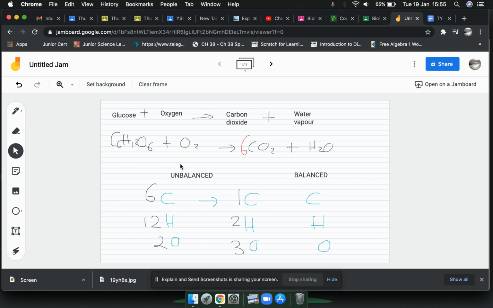So I've now got 6 carbons on the left, I've got 6 carbons on the right. So this 6 not only affects the carbons, it also affects the oxygens. So I've now got 6 times 2, which would give us 12.